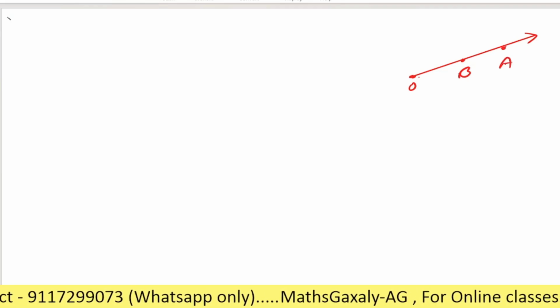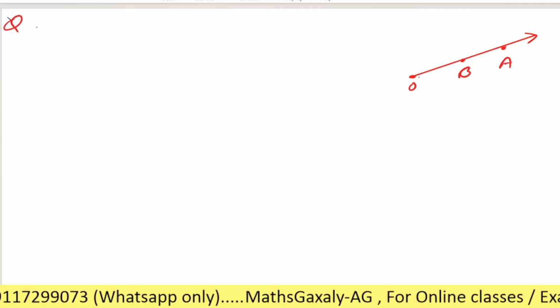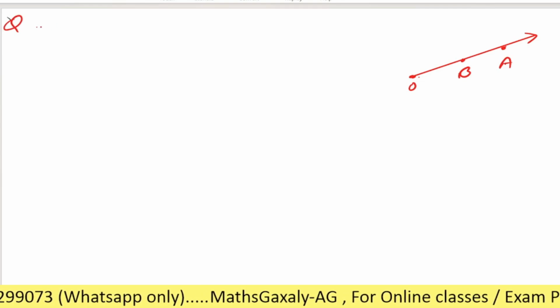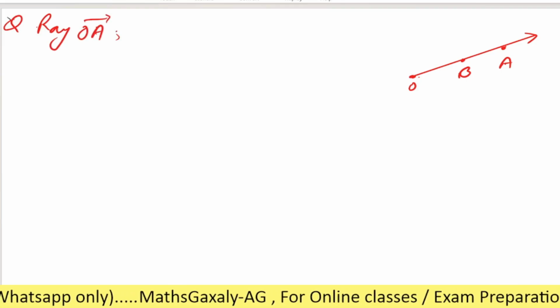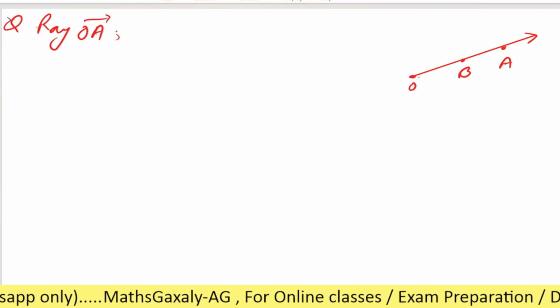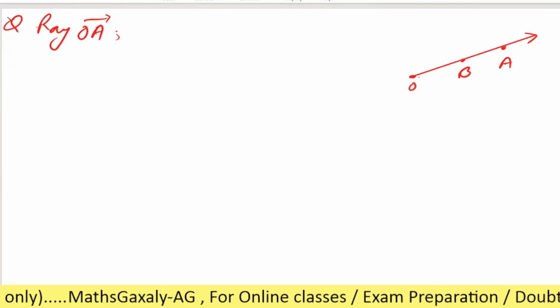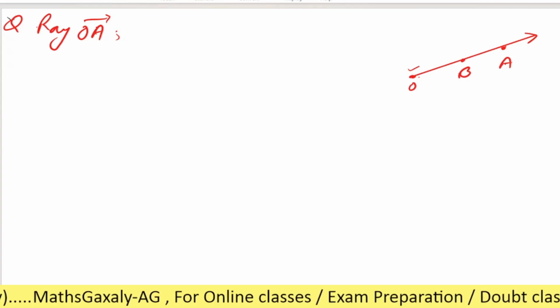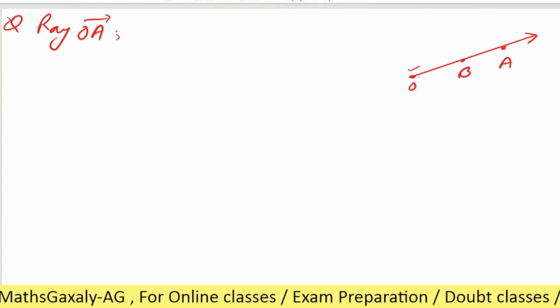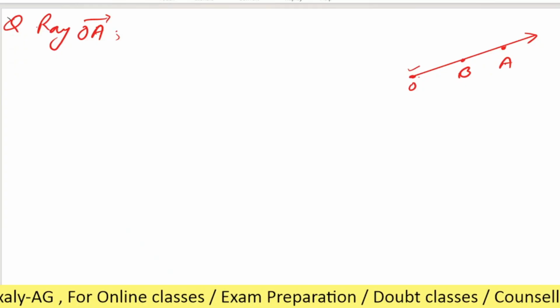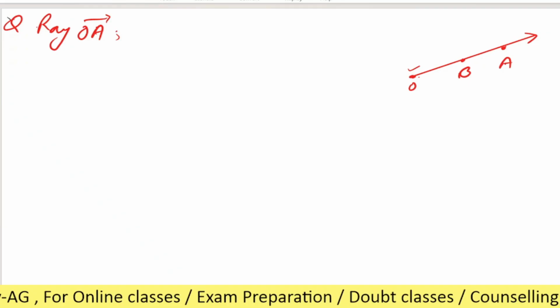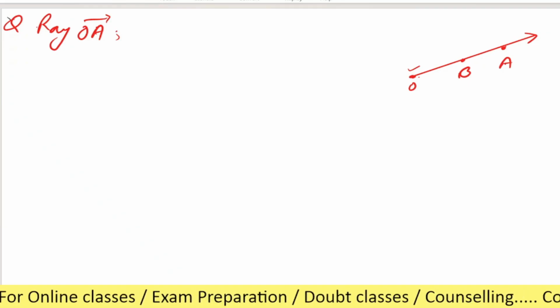So the question says ray OA is given. It starts at O. As you can see, it is starting from O. So O is the initial point, or we can say O is the ending point. At this side we can't extend it, right?